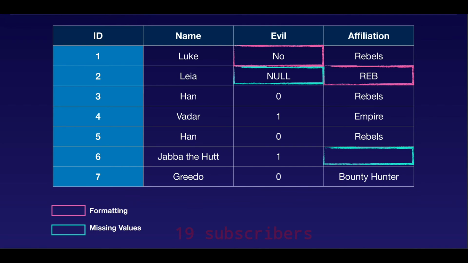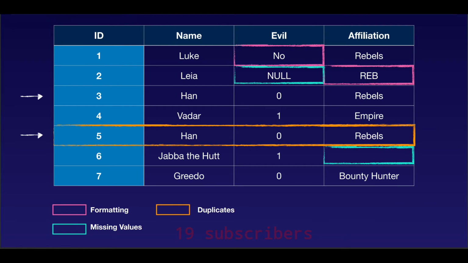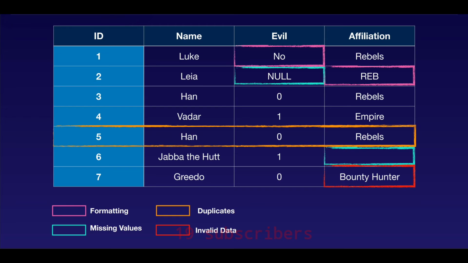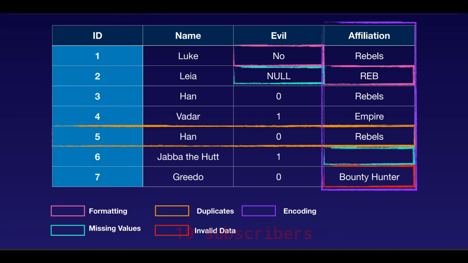Next, we also see some duplicate values. Depending on the problem at hand, duplicate values could skew results, so we may want to think about removing these. And again, in the affiliation column, we see bounty hunter and we are only looking for rebels or empire. So we will need to figure out another way to handle the observation. So we are ready to choose our machine learning algorithm and we go ahead and choose one, but we find out that the affiliation column needs to be encoded.